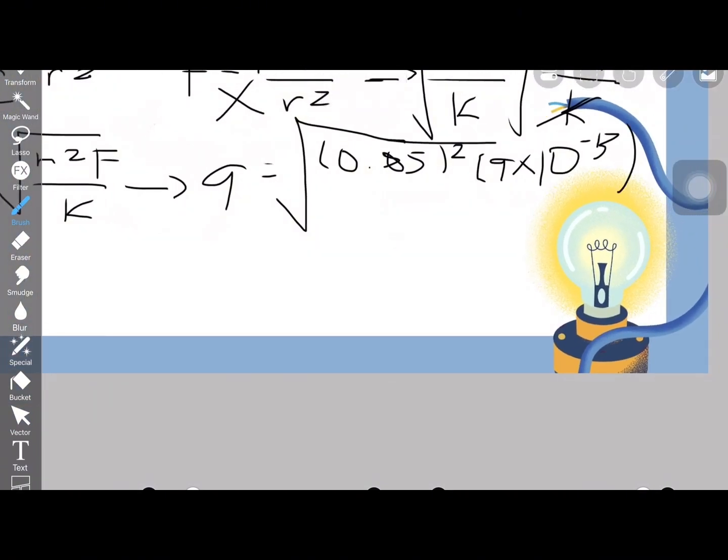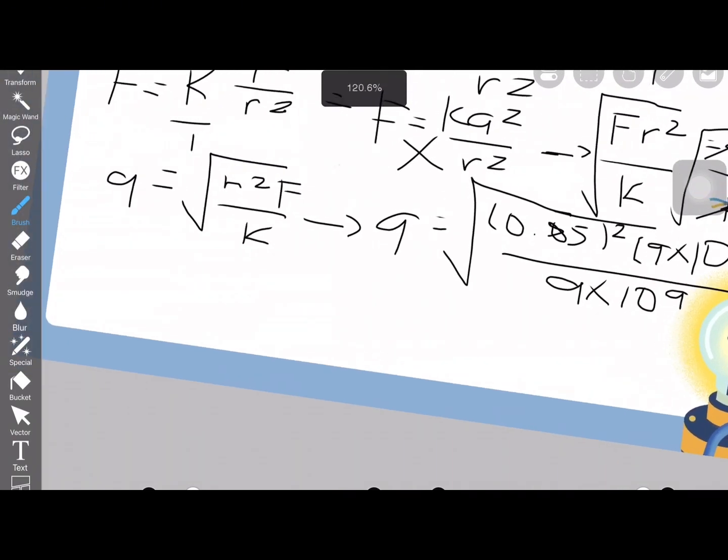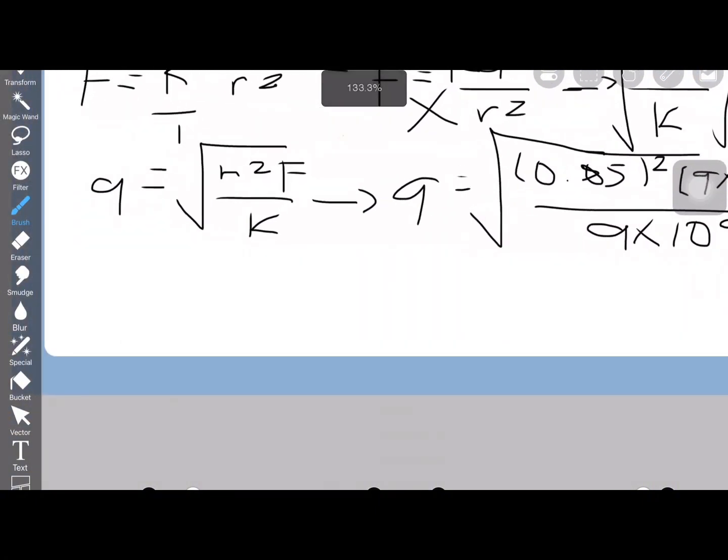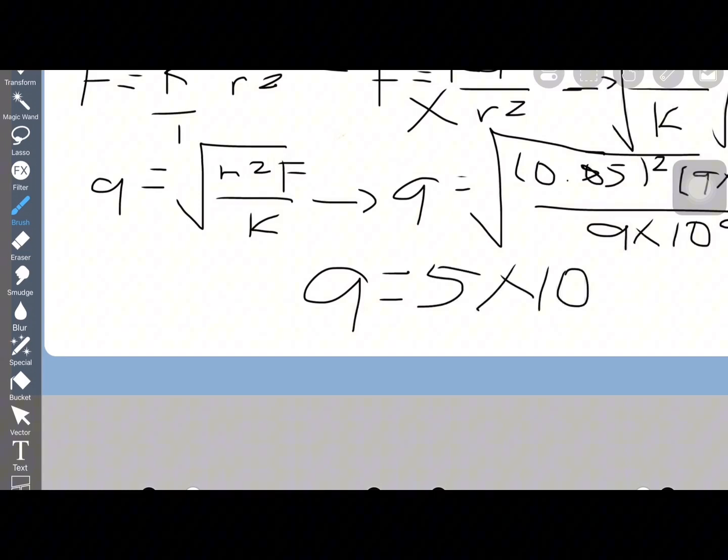Sorry for my bad handwriting. It's very hard. 9 times 10 power of 9. So again, I can choose to actually do this step by step, but since we are running out of space here, let's just input this to the calculator freely. So all of this would equate to Q is equals to 5 times 10 to the negative 8.